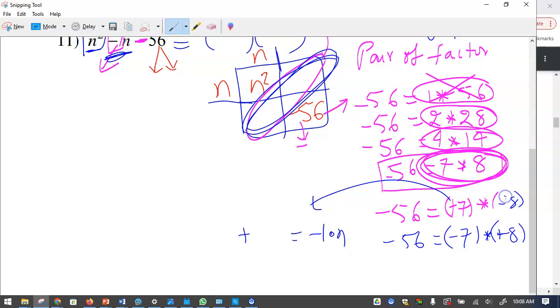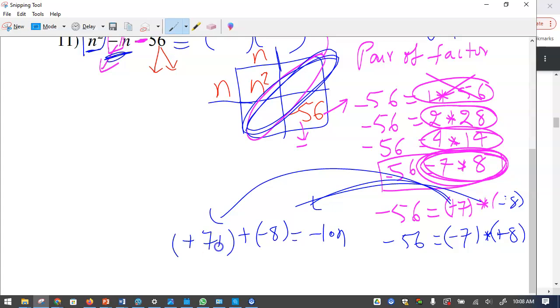If I put this one right here, it is plus 7n and minus 8n. And if I choose this one, it is minus 7n plus 8n.